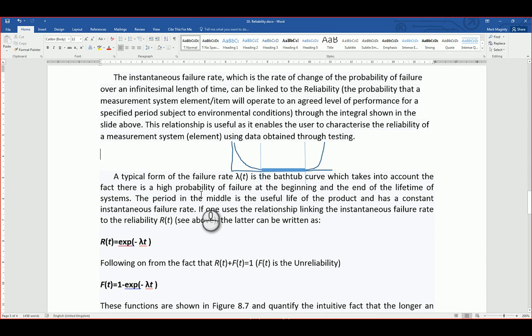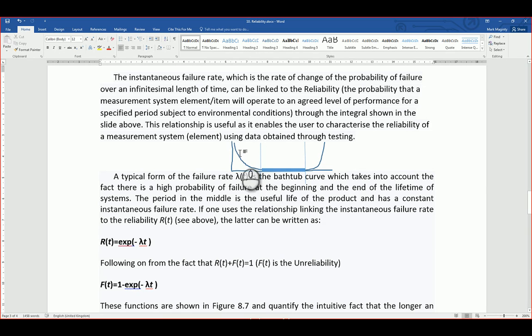The bathtub curve basically shows the main three stages of the life cycle of a sensor, in that you have from manufacture, install, and commissioning, where things can fail because it's being moved around a lot more, and if there are any faults in it, they're going to be discovered early.